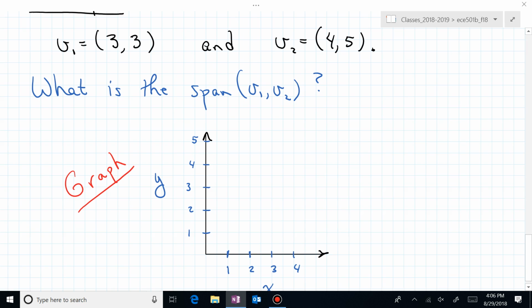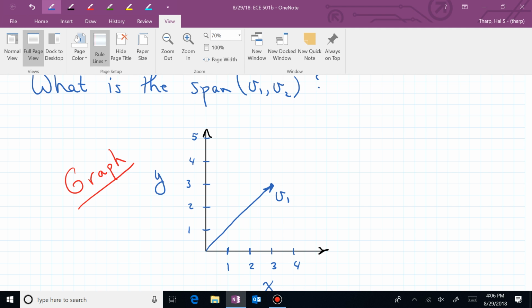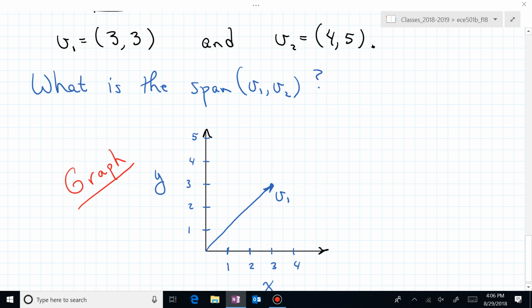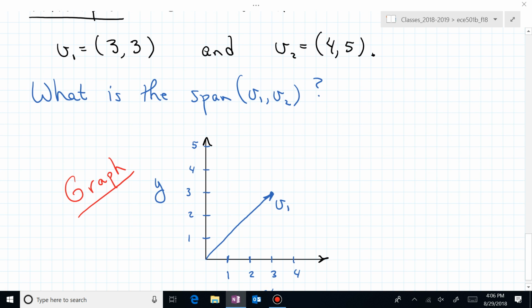If we wanted to graph that, then v1 would be at (3, 3), and v sub 2 would be at (4, 5), where 4, the first coordinate, let's say, is the x direction and 5 is the y direction.